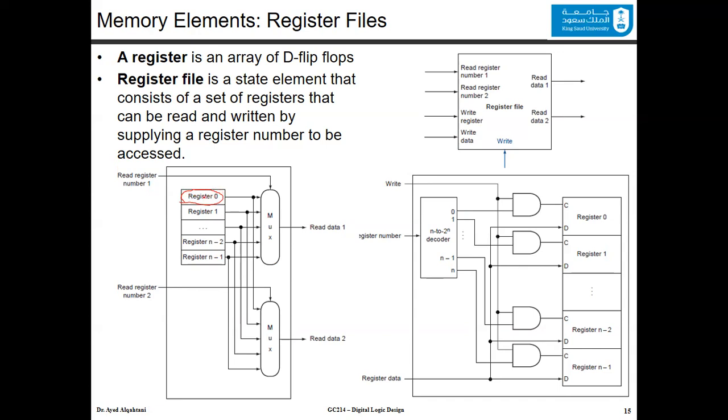For example, if we say that register 0 is an 8-bit register, meaning inside it there will be 8 flip-flops. If we say that we have 32 different registers, meaning that now n is equal to 32. The first one is 0, 1, up to 31. So we have 32 different registers. Each one of them has 8 bits.